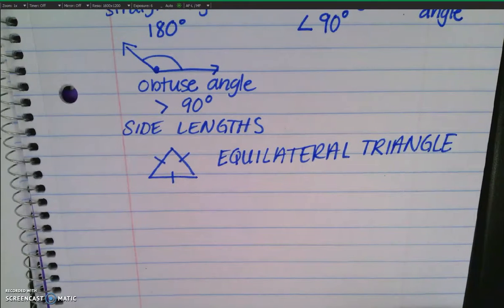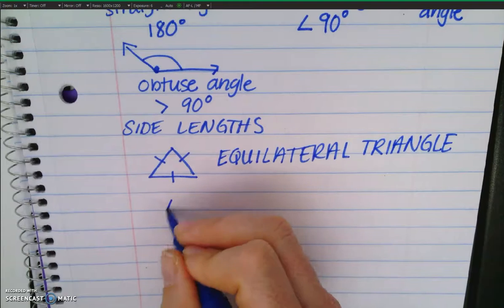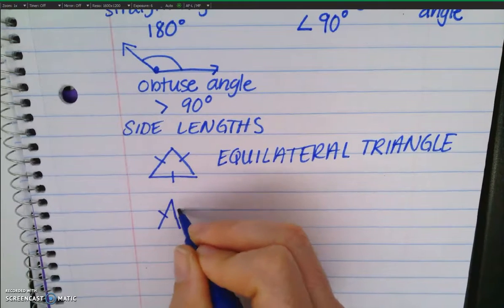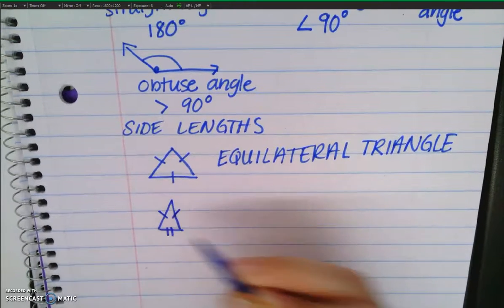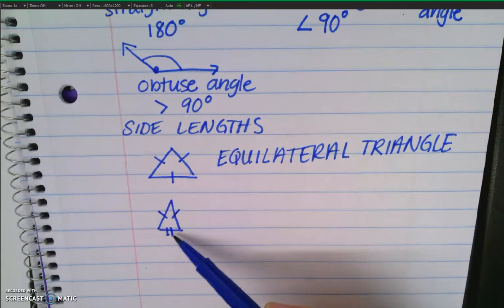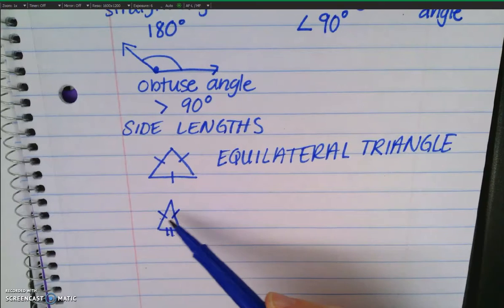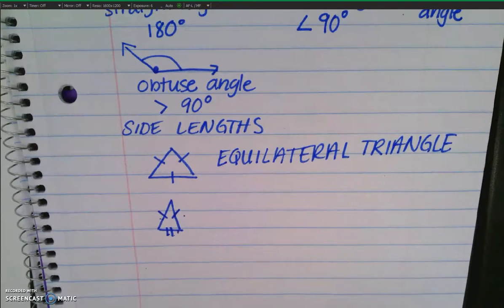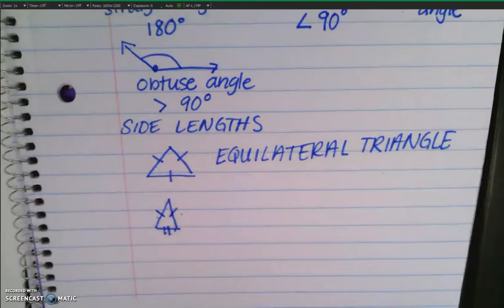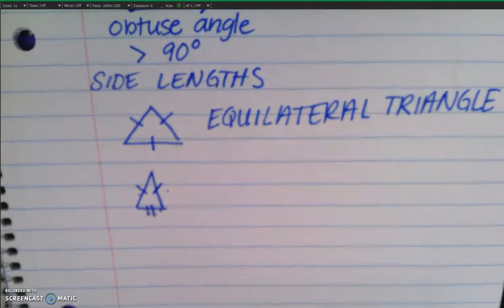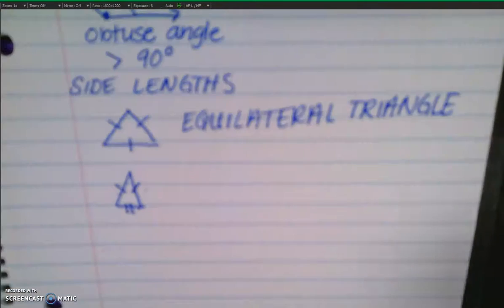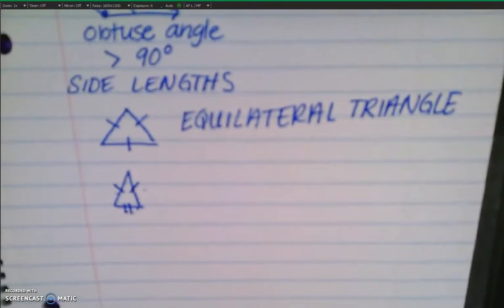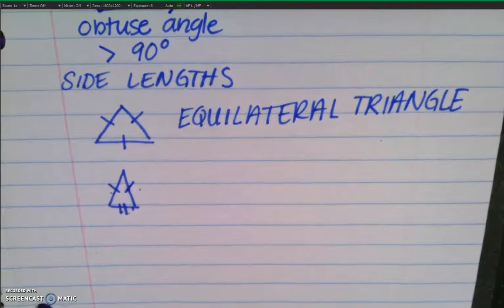The other way we could have, instead of all 3 being the same length, what if you had 2 that were the same length? So we're going to put 2 dash marks on this side, but only 1 on each of these. That means that 2 of the sides are congruent or equal length, and 1 side is different. And this is called an isosceles triangle.